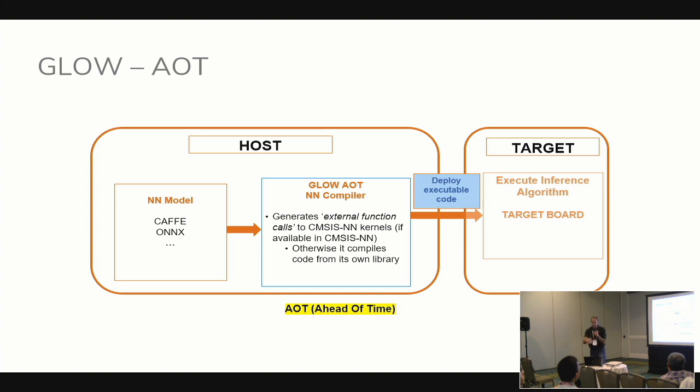The cool thing about GLOW, which is similar for TVM, is that it relies on an LLVM backend, so you can take the compiler itself and then tie in specific kernels or optimizations for your own platform. And we did this. We actually took GLOW and connected it to CMSIS-NN. The way I look at this is, CMSIS-NN doesn't support all of the operators, right?